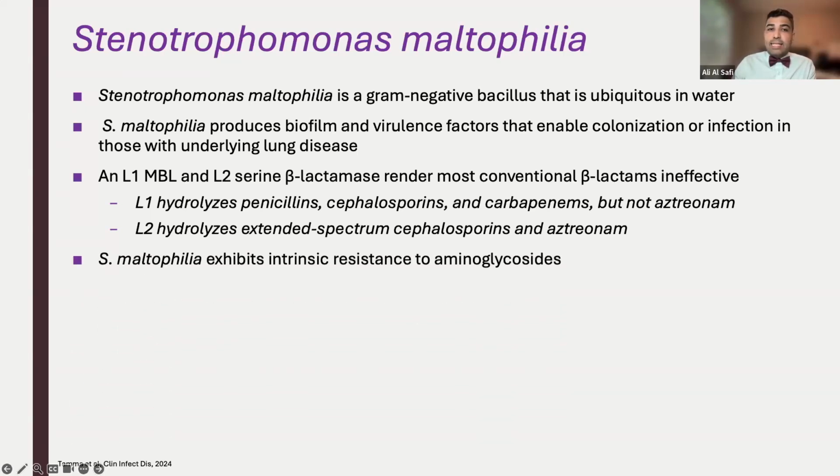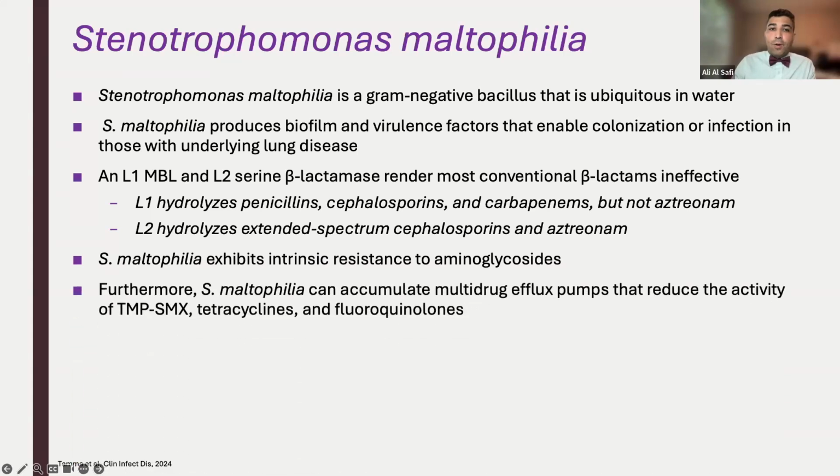It also has intrinsic resistance to aminoglycosides, like tobramycin, amikacin, etc. It can also accumulate drug pumps that reduce the activity of Bactrim, tetracyclines, and fluoroquinolones by pushing the antibiotics outside the cell.